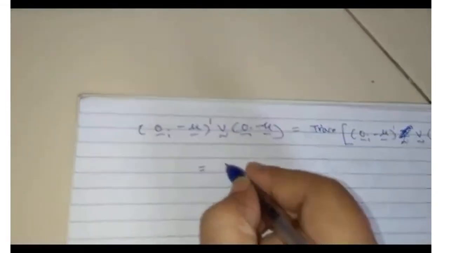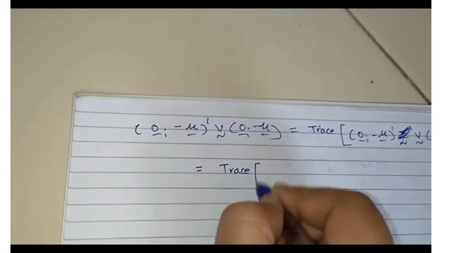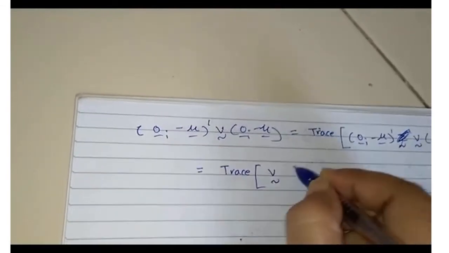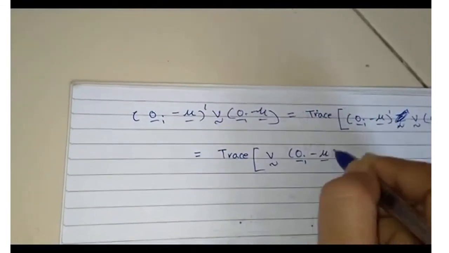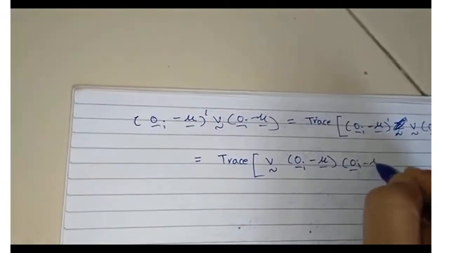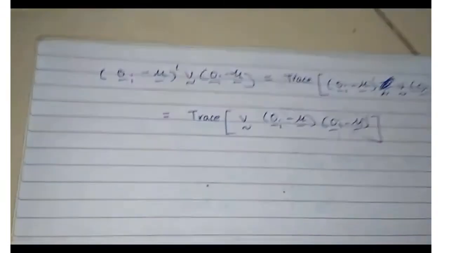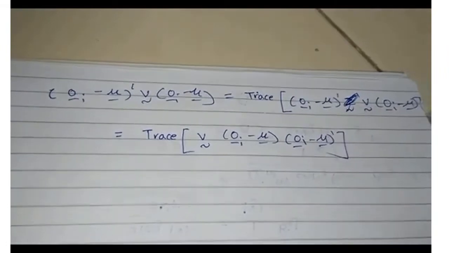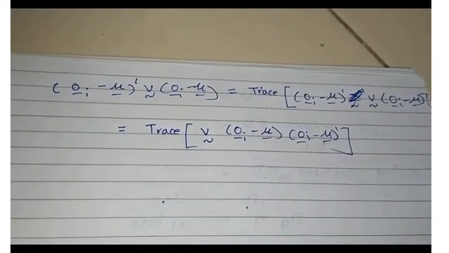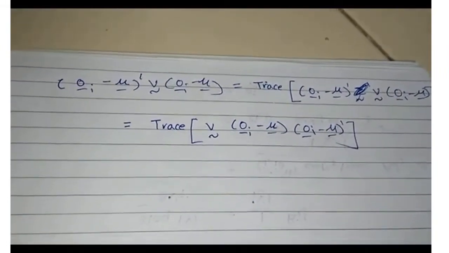By the properties of trace, this can be written as the trace of V y minus mu into y minus mu prime. By trace properties I can change the order, as long as I am going in a cyclic fashion, trace remains the same.